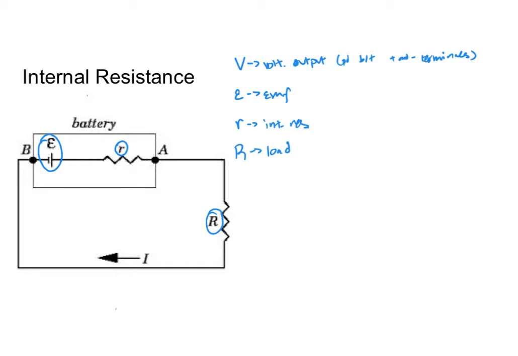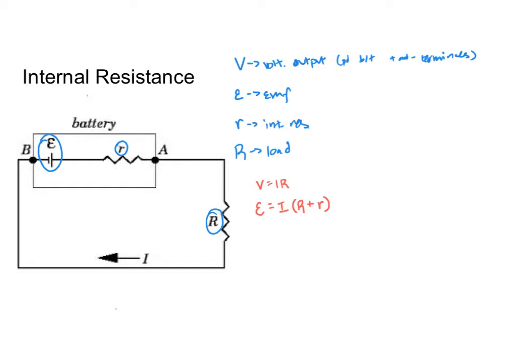We know, of course, that V is equal to IR in Ohm's law, and the voltage here is our EMF. That is going to be equal to our current, I, times the total resistance of our circuit, which is our load resistor plus our internal resistance of our cell. So that's the first equation we can use.